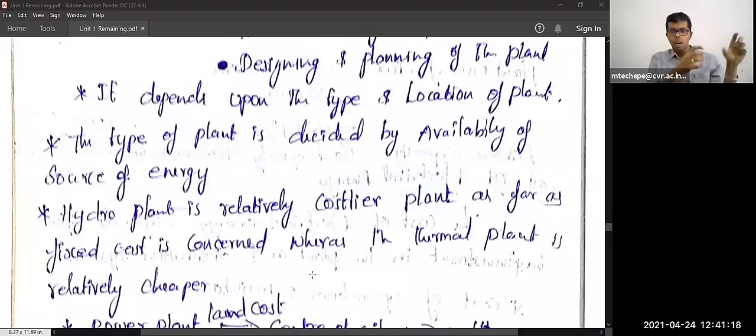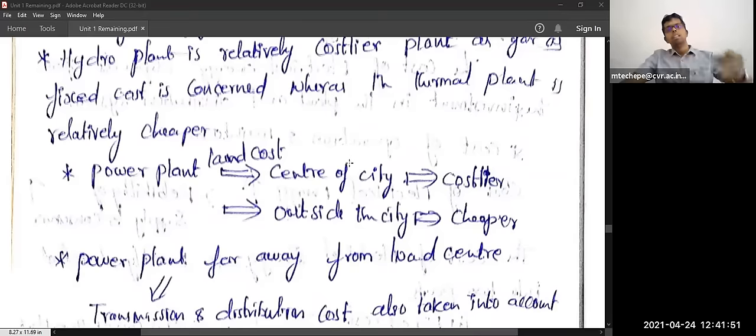If you take any hydropower plant, it will be located like that only. Your dam will be somewhere else, and your power station might be 1 kilometer far, deep below the ground level. It has to go down up to 1 kilometer. Then the pressure will be more.